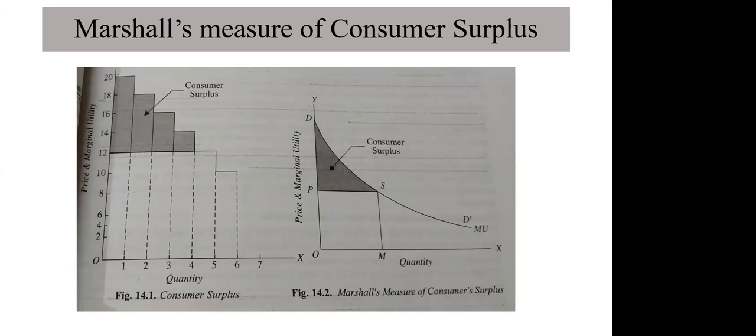So it is a subjective term, and in real terms it is very difficult to calculate. But in the progressive taxation system, they use the concept of consumer surplus to determine the taxation.